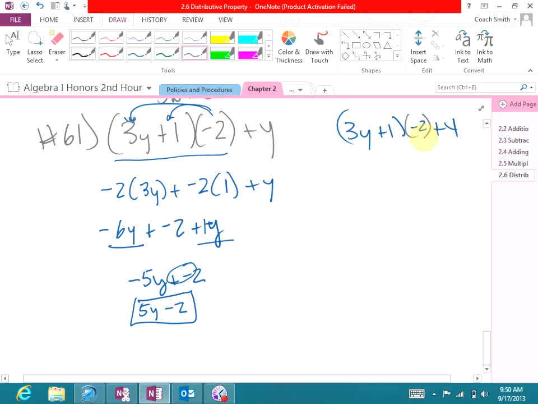Where they would have been better off writing this problem would have been to do this. If they would have done this, most of you probably would have said, oh okay, you can do that yourself. This is multiplication. Two things being multiplied together, you can use the commutative property and flip those two terms.